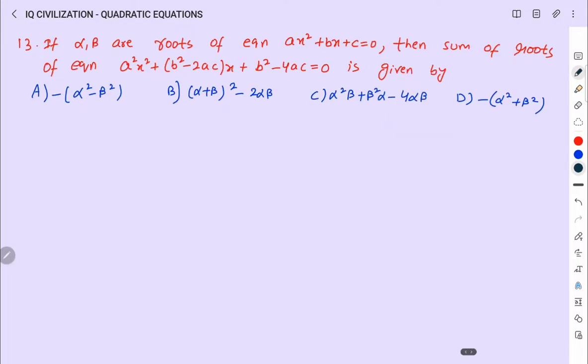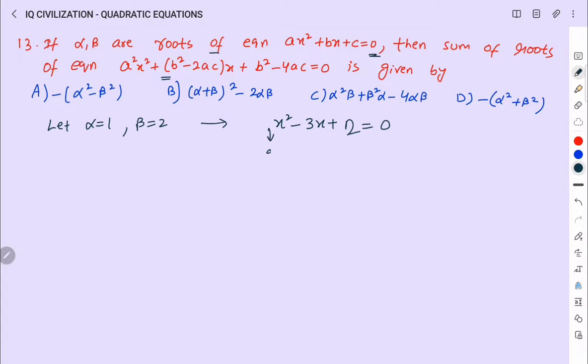Next one. So here is the next one. If alpha beta are the roots of this equation, then sum of roots of this equation is given by, okay, so I'll take again, let alpha equals to 1, beta equals to 2. So what my equation becomes, x square minus alpha plus beta into x plus alpha beta equals to 0.